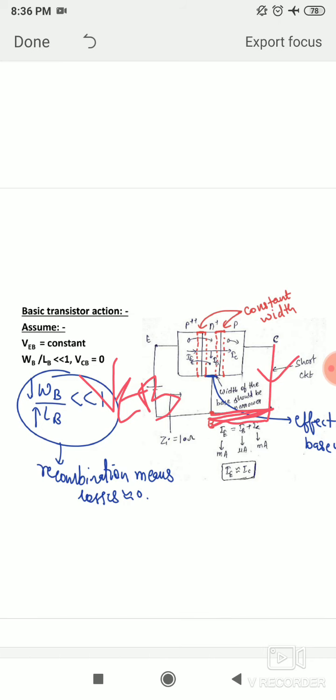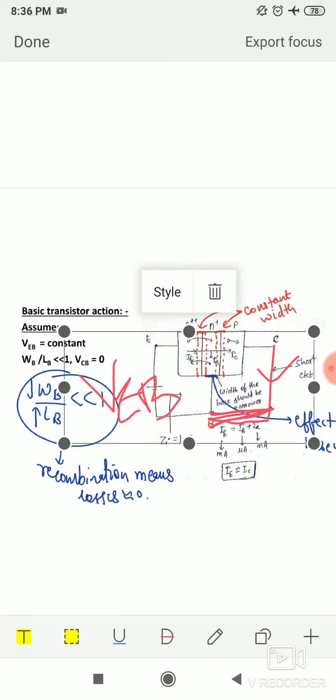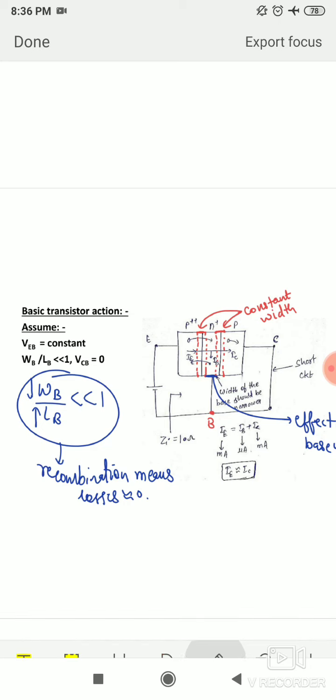In this case, since it is P and N, it is a diode, and the depletion layer of the P-N junction has a width.